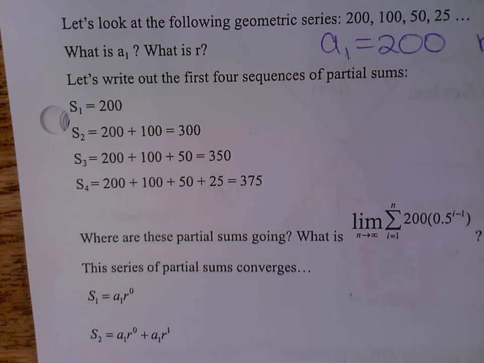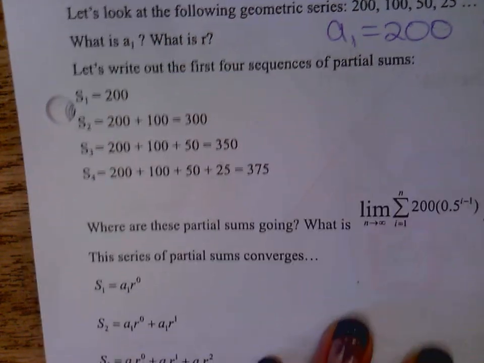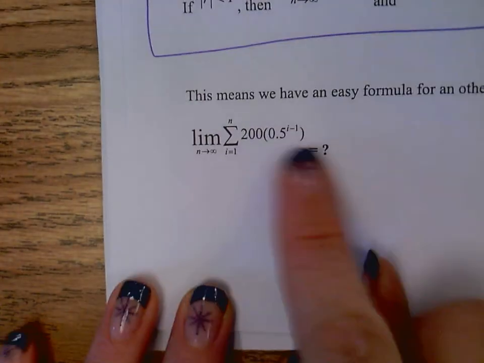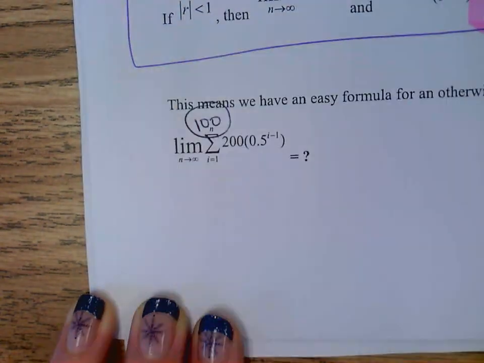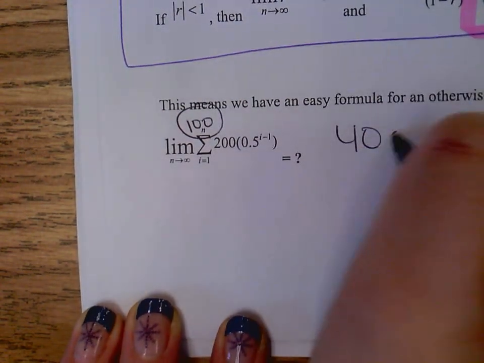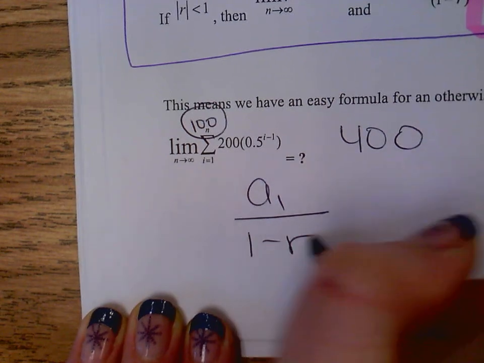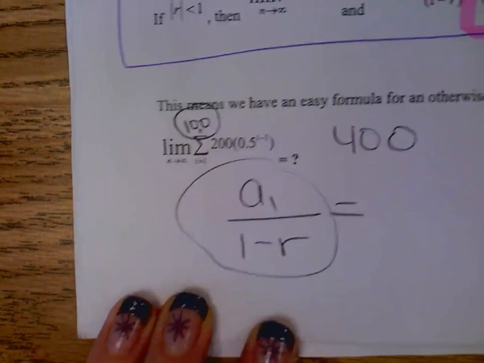So the formula is what you need to understand, even if you're not exactly sure where it came from. So you might want to write that you plugged in 100 up here and you got 400. And a sub 1 over 1 minus r is the formula that you need.